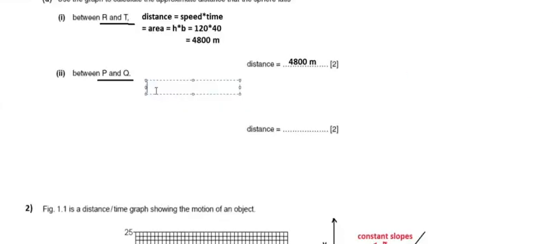So we will write down over here the distance is what? Distance is nothing but the average speed multiplied by the time. Average speed multiplied by time. That is nothing but the area, and this is equal to the area of the triangle, that is equal to half multiplied by base into height.